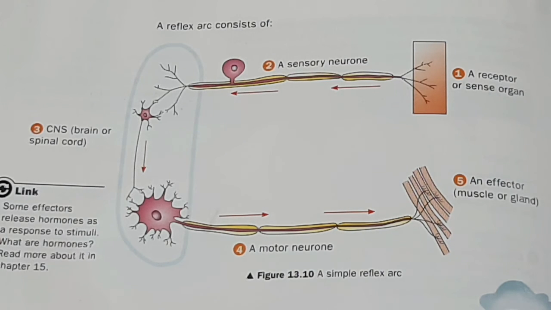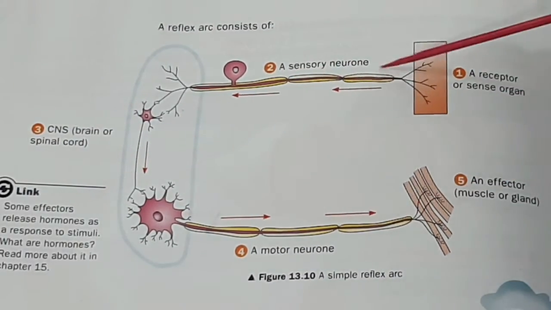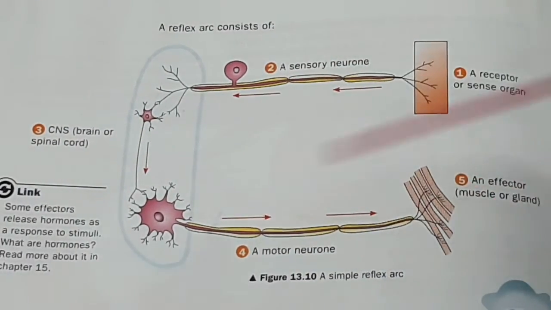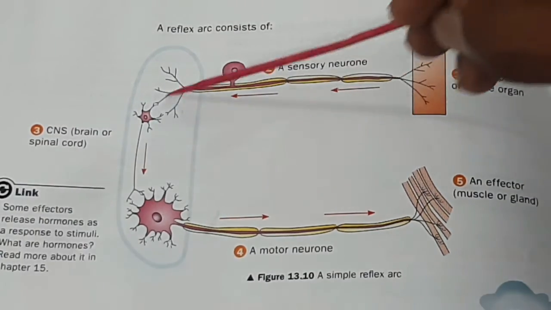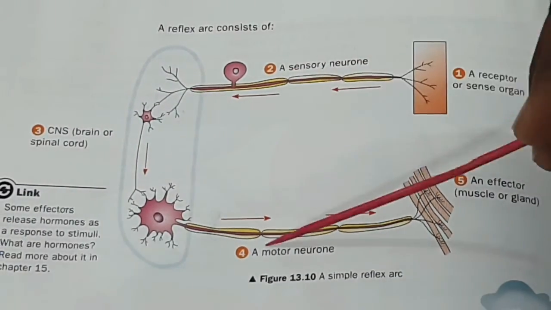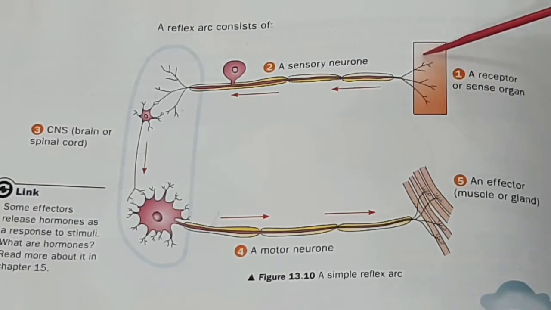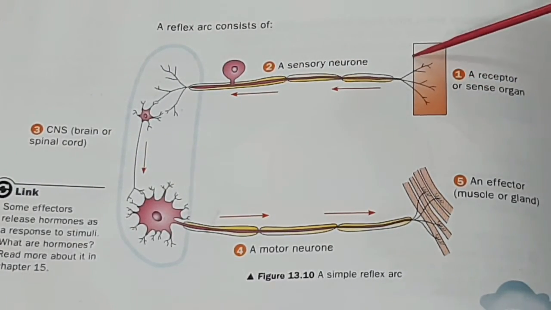Okay class, now this is another explanation. The last part of that was a reflex arc. See, it is making an arc, just like an arc. Why? Because in mathematics, when we studied the circle, we drew the arc. Just like that, this is an arc. This is our skin.